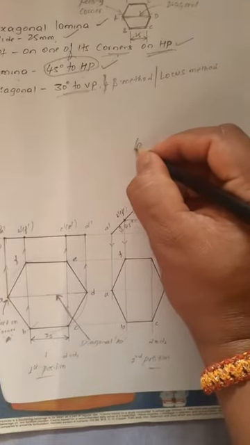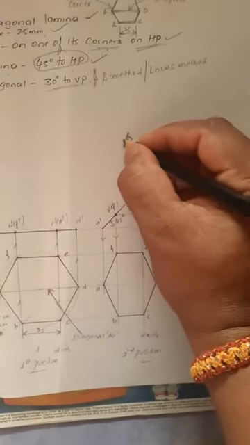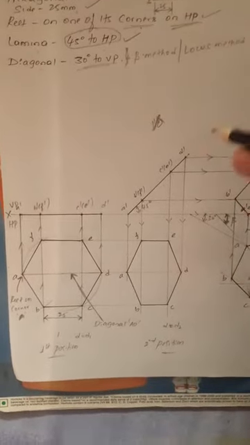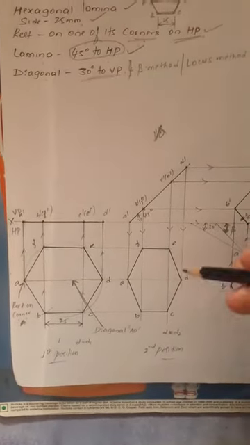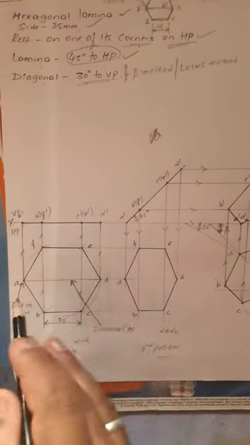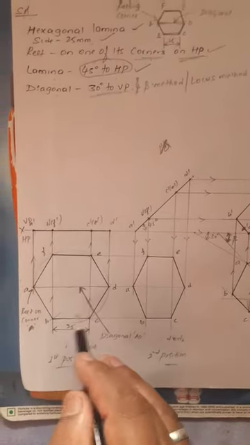Then if you view from this side, draw a vertical projector from all the corners of the second position front view. Draw a horizontal projector from the first position top view.